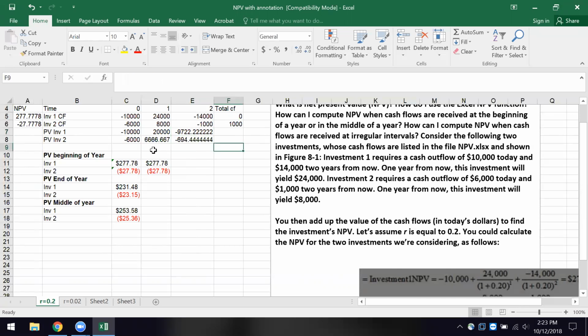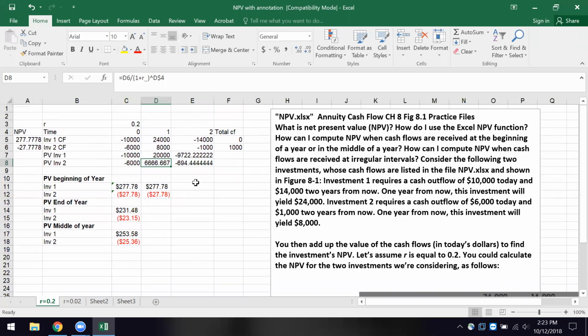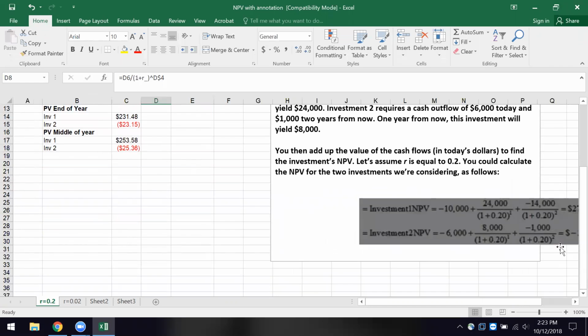And here's the present value in terms of year two, scenario two. And here it is at year one. Notice this is D6, and D6 is the 8,000. That's divided by 1 plus R, so 1.20, to D4, which is going to be 1.